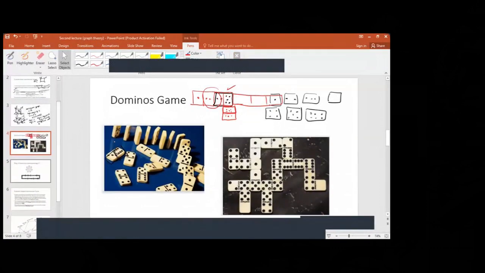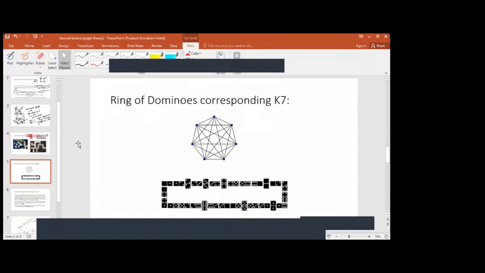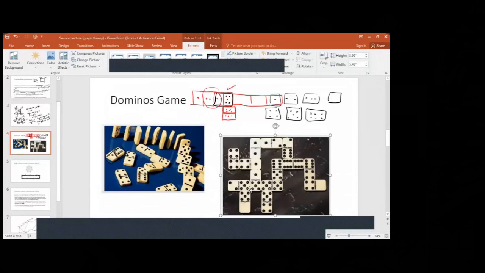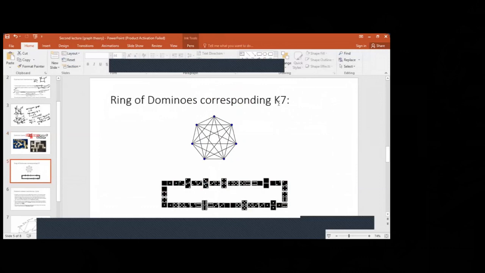Now, I will explain how an Eulerian graph can be used in this. For example, in this image, a player can play a game where the next player will attach 4 with 4, and then the next player attaches 1 with 1, 5 with 5, 6 with 6. Now, how can an Eulerian graph apply here? For example, I take the graph K7.